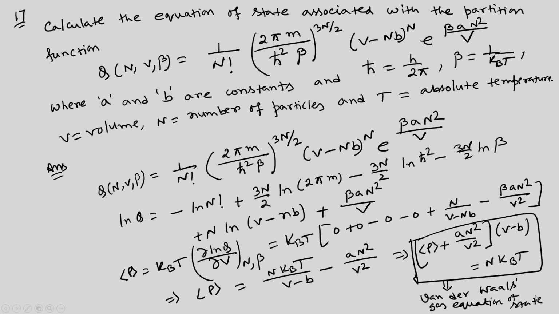Again, I repeat: in this problem the partition function is given as 1 by n factorial times (twice pi m by h cross squared times beta) to the 3n by 2, times (V minus nb) to the n and e to the beta a n squared by V, where a and b are constants and h cross is h by 2 pi, where h is Planck's constant, beta is 1 by kBT, where kB is Boltzmann's constant, V is volume, n is number of particles and T is absolute temperature.